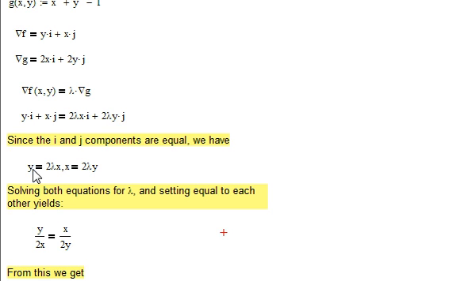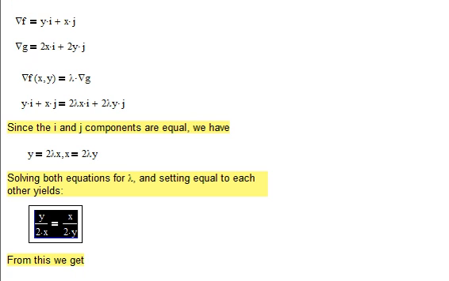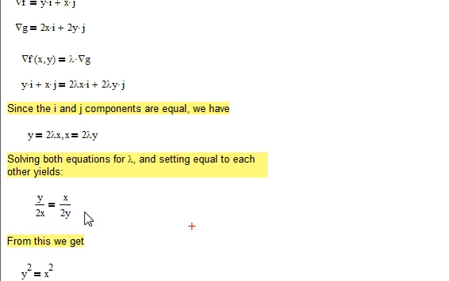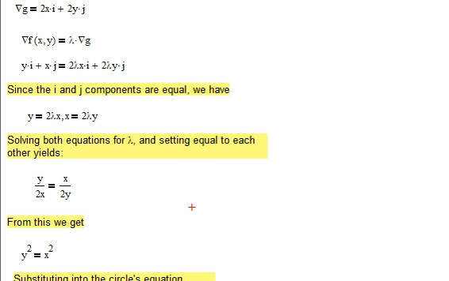In allowing for this lambda, that Lagrange multiplier, I was able to come up with this equation. If you multiply by 2x times 2y, you get 4y squared equals 4x squared, or in other words, y squared equals x squared.